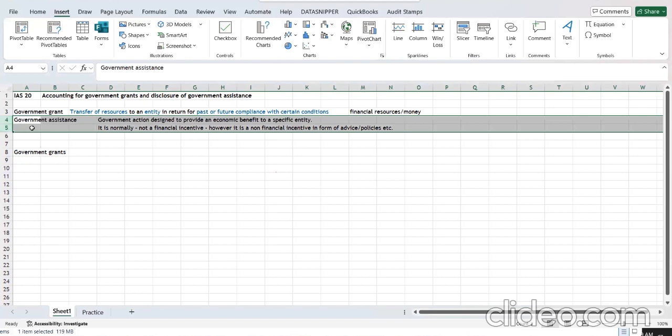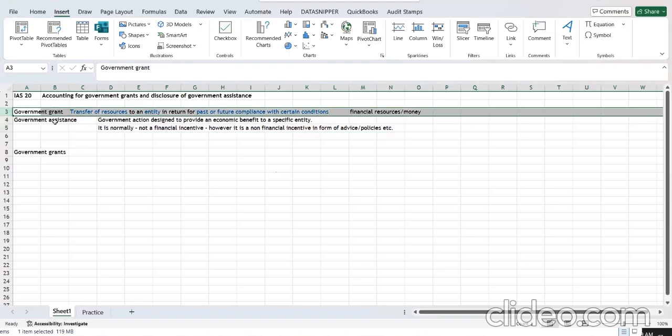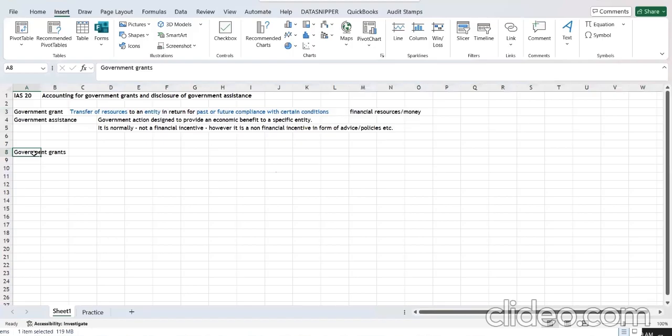If we have got any specific assistance from the government, if they have created some sort of policy or they have provided us some sort of advice, then we disclose it in our financial statements, but we don't recognize it in valuation form. We don't have a specific amount to recognize in the financial statements.